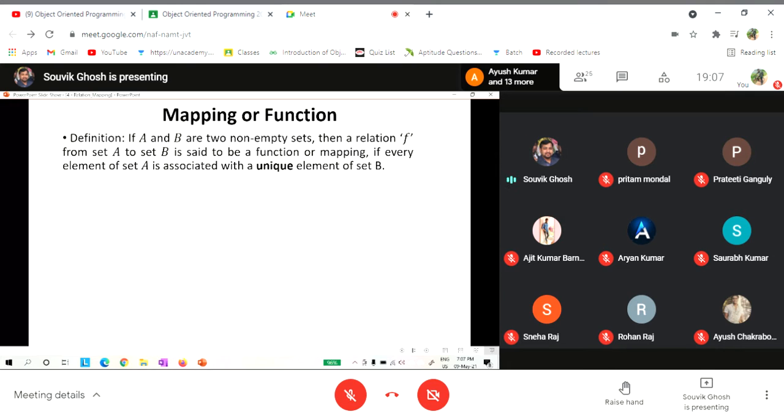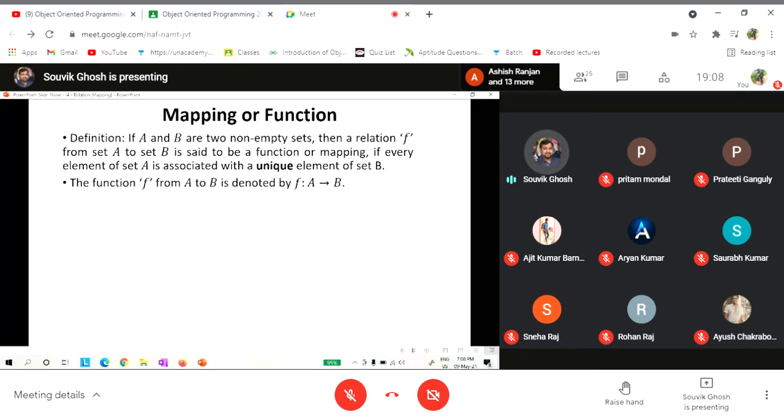If A and B are two non-empty sets, then the relation F from set A to set B, and we know a relation is a subset of the cross product A and B, is a function if every element of set A is associated with a unique element of set B. So it is a relation with the restriction that every element of set A should be related with a unique element of B. This is very important.